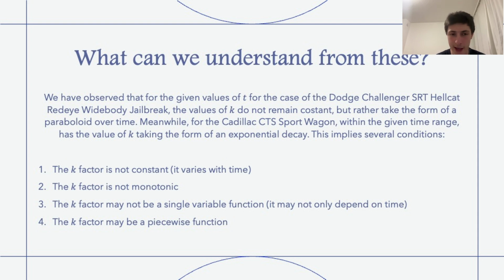An exponential decay is monotonic, but the paraboloid is not following the same trend, and it may not be monotonic. That's the idea. I could be making a mistake, but I'm pretty sure that the curve isn't monotonic.